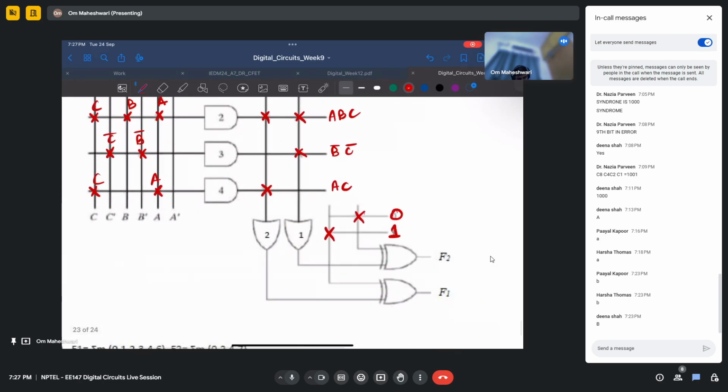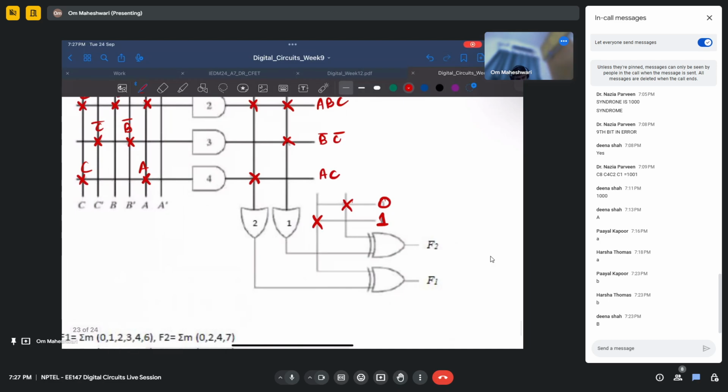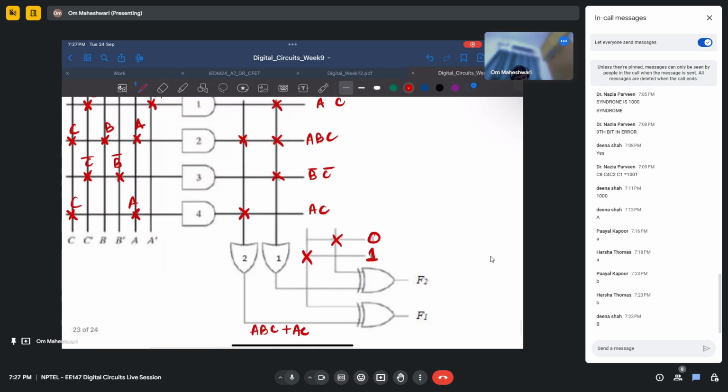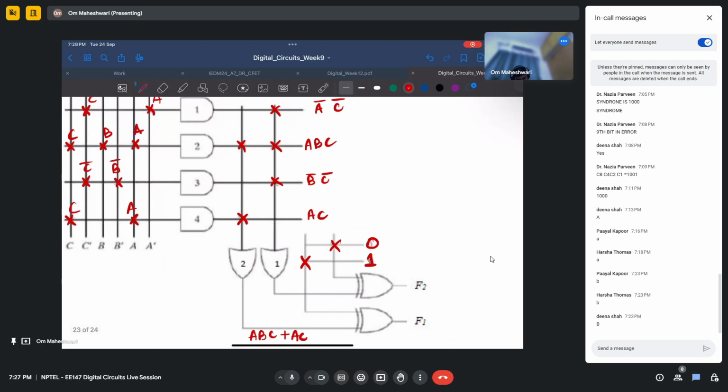So 2 here is ABC plus AC, and 1 output is A bar, C bar plus ABC plus B bar, C bar.